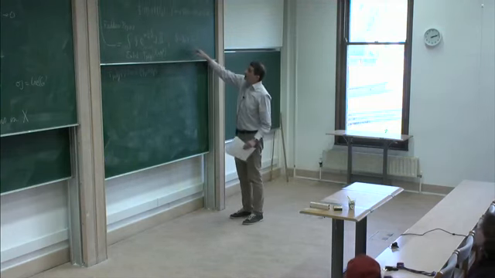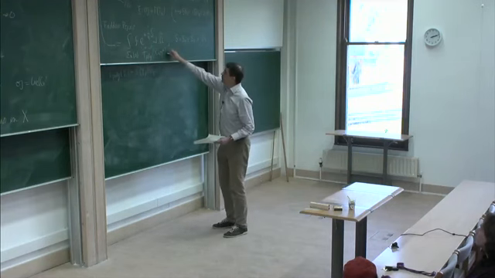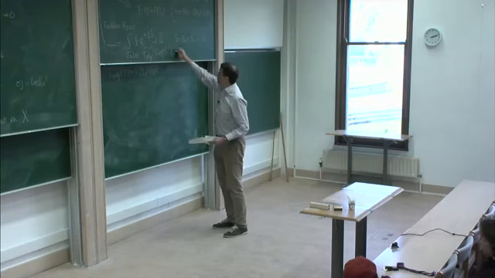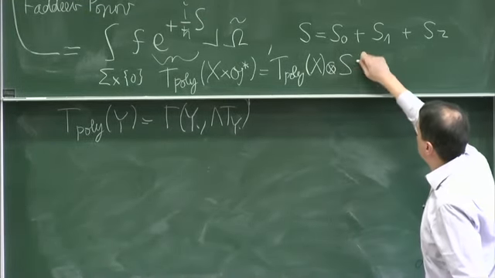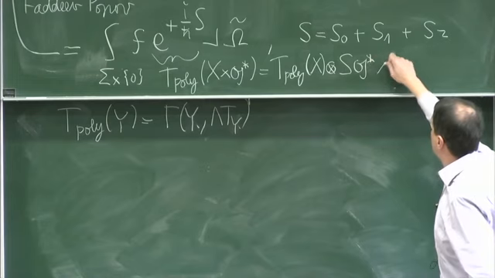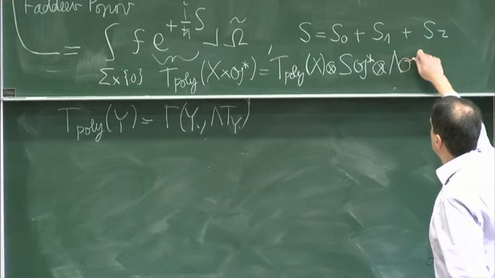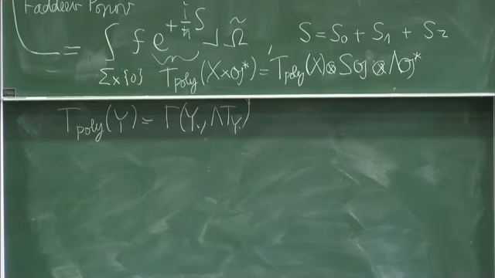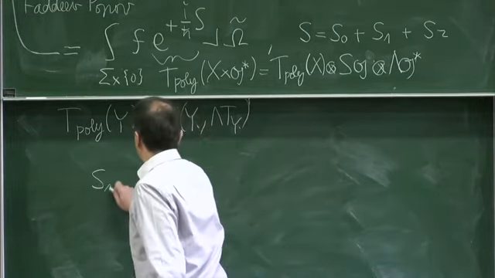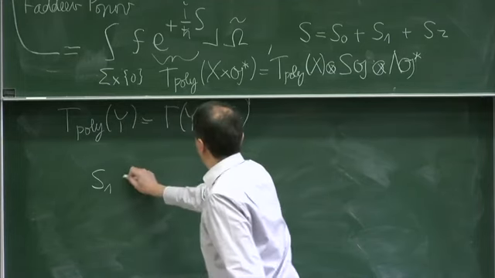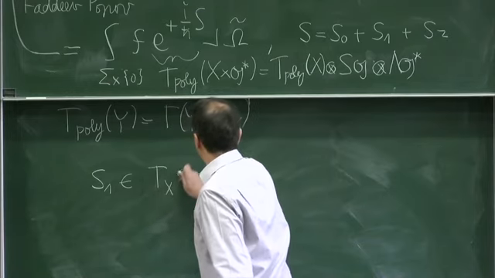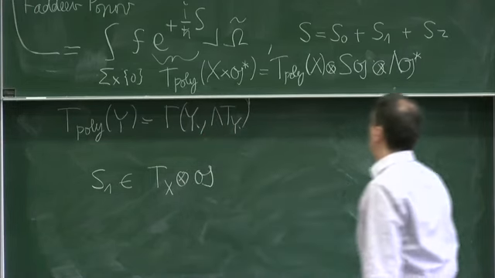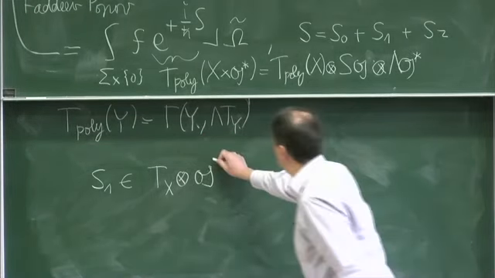And so what is T-poly? In T-poly, it will be T-poly of X, then you have functions on G star, which is a symmetric algebra on G. So what is S1? S1 will be in a tangent vector times G star.